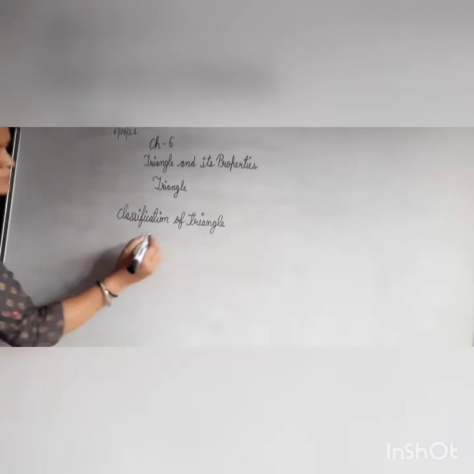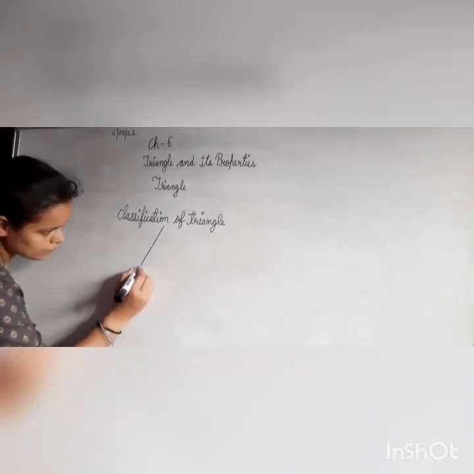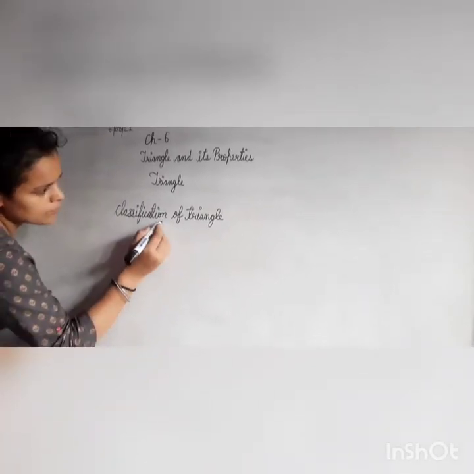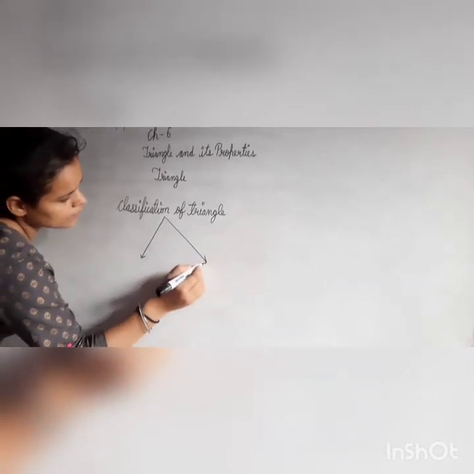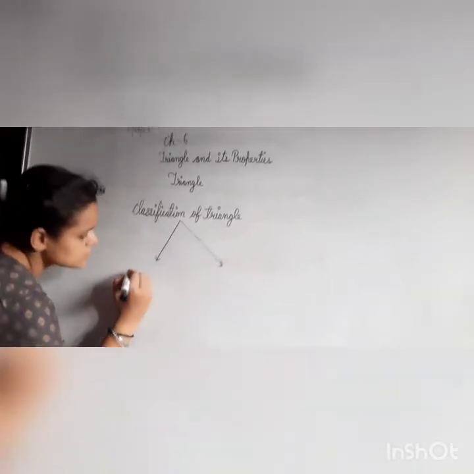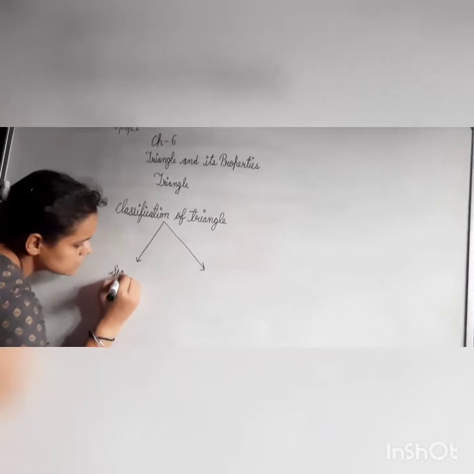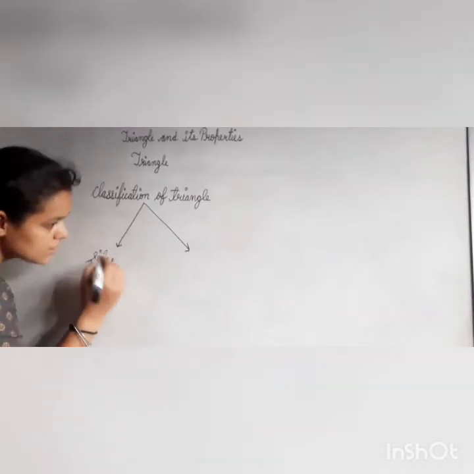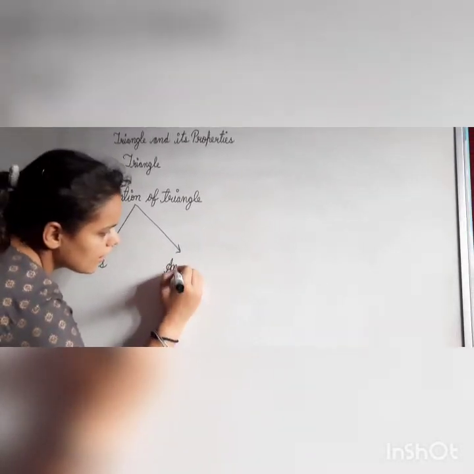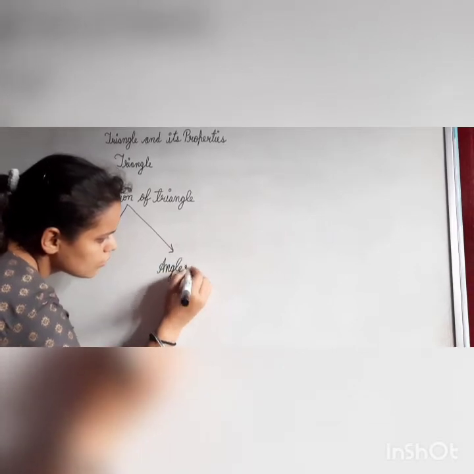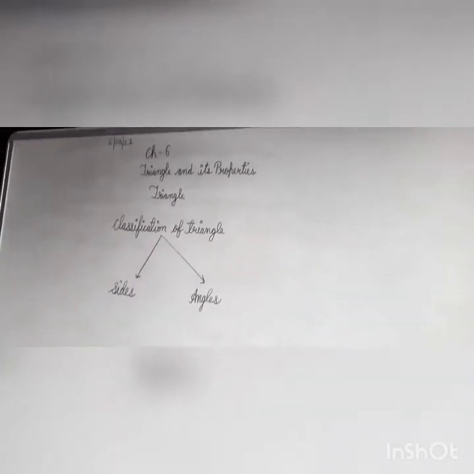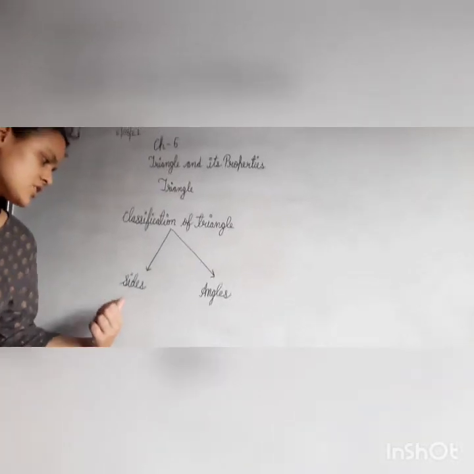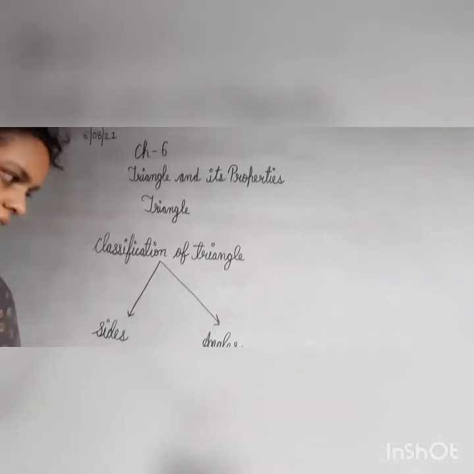We can classify triangles in 2 ways. First is by sides and second is by angles. Okay class, we can classify the triangle in 2 ways. First is sides and second is angles.